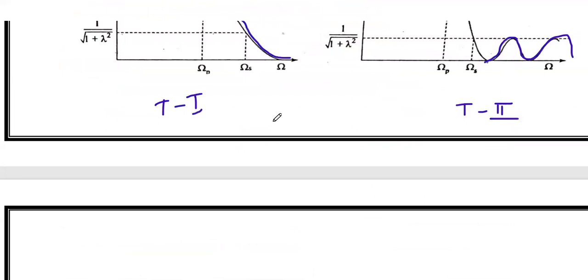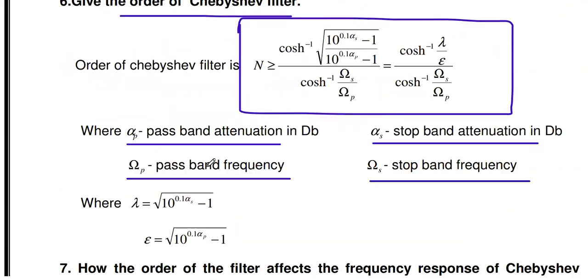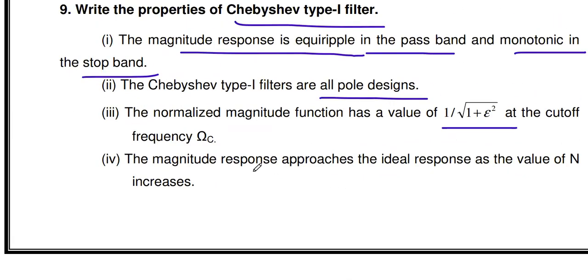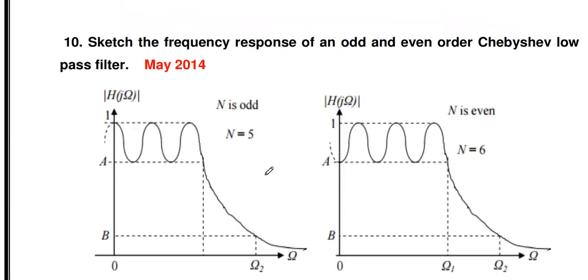Then the next one, the magnitude response approaches the ideal response as the value of n increases. So these are all the properties of Chebyshev type 1 filter.